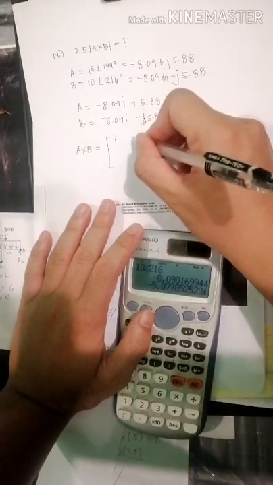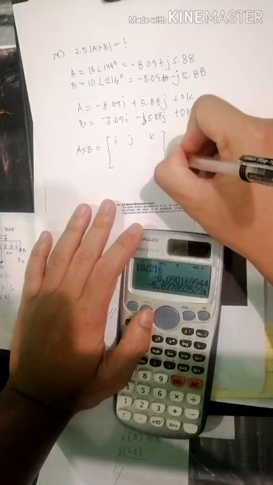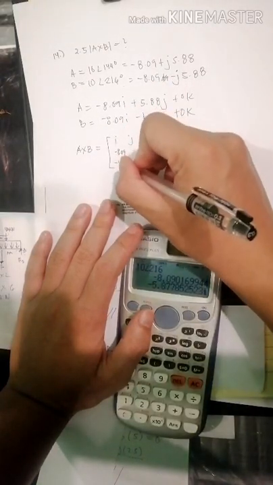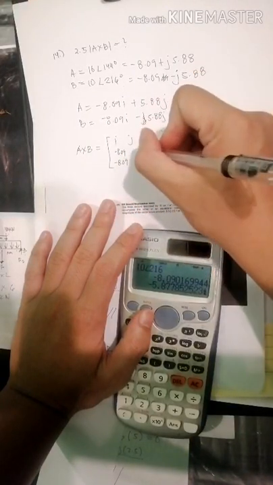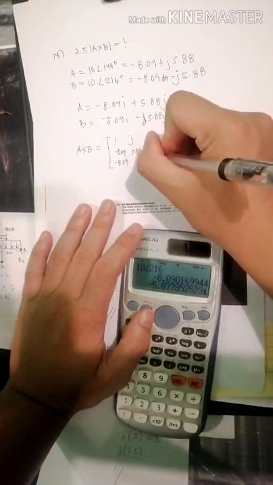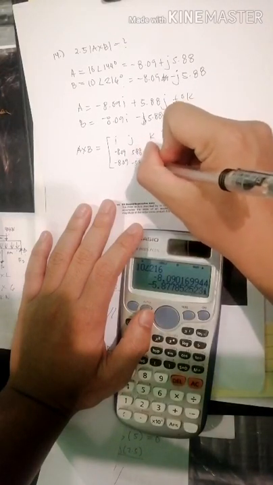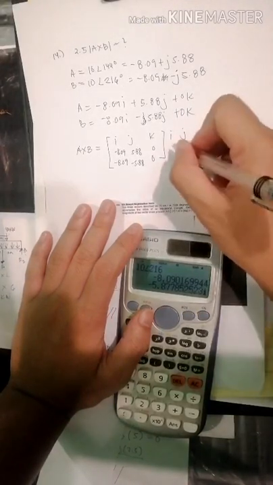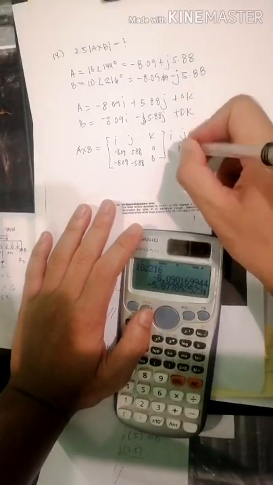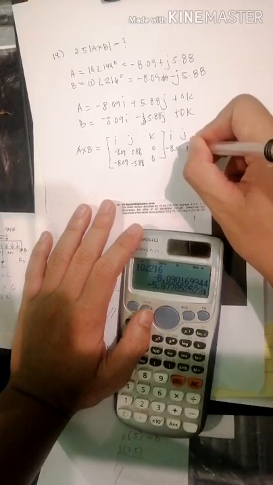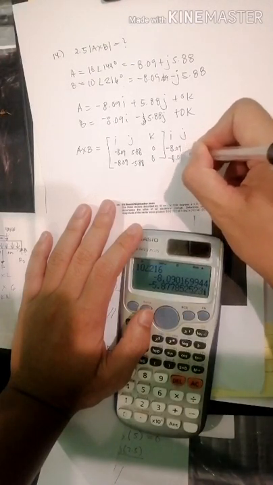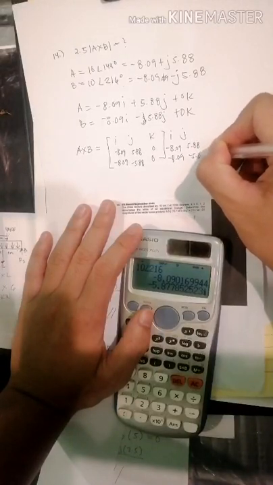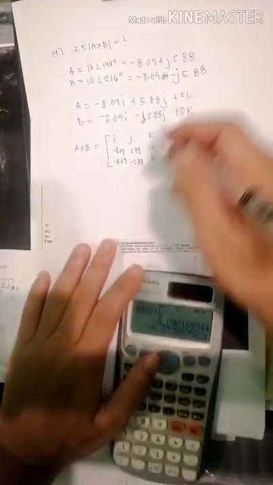Variables first: negative 8.09, negative 8.09, 5.88, negative 5.88, 0, 0. Let's write the two rows again: 5.88, negative 5.88. So, let's solve.